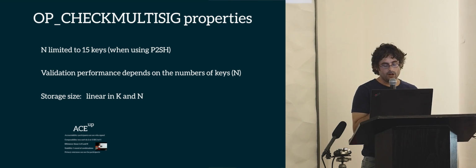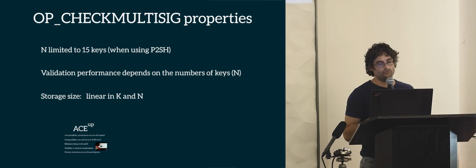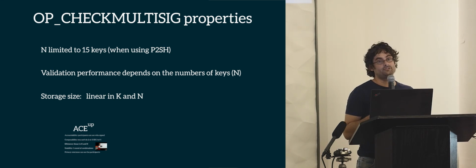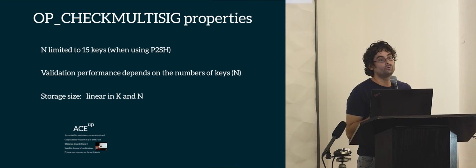And it has a downside: if such a checkmultisig transaction is used on the blockchain, its validation performance depends on the number of keys. So if you do even a 1 of 15 multisig, it can require up to 15 signature checks that everyone in the Bitcoin network will have to do. So this is a resource constraint, which is not nice.